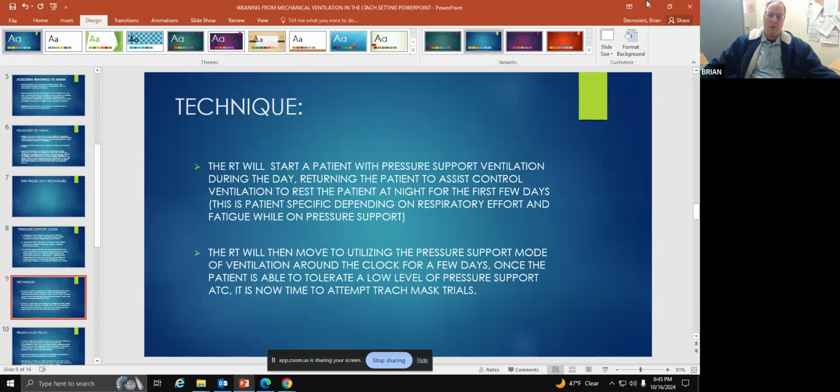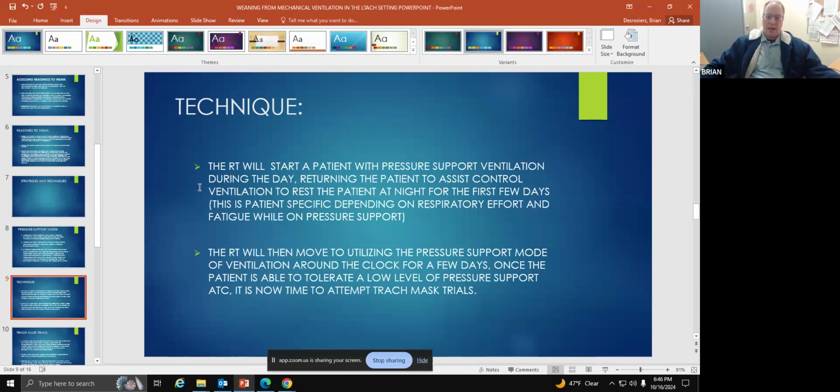After the patient is able to tolerate the pressure support during the day, the respiratory therapist will then move to utilizing pressure support mode around the clock, meaning during the day and at night, for a few days. Once the patient is able to tolerate that, then we can try trach mask trials.